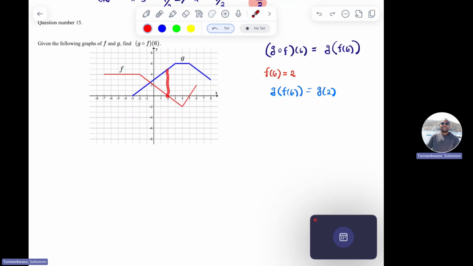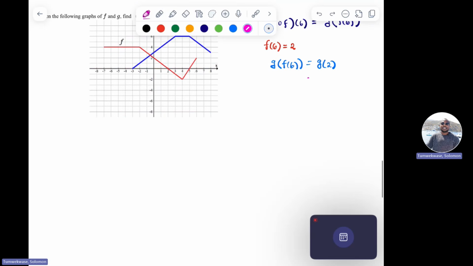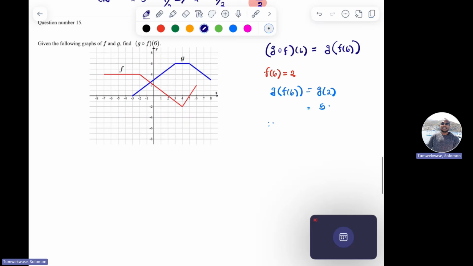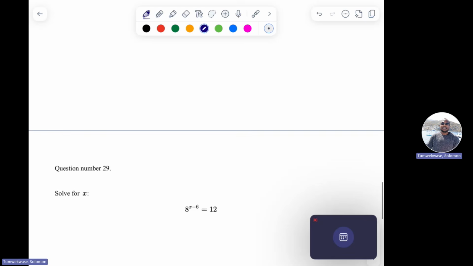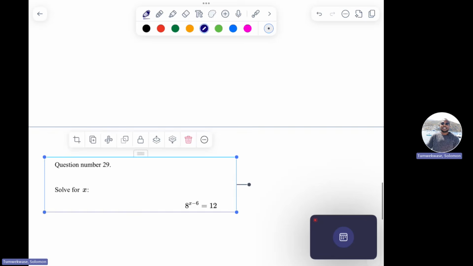So I move up and g of 2 is right there, which is equal to 5. So therefore my g of f of 6 is just the same as 5. That is easy.